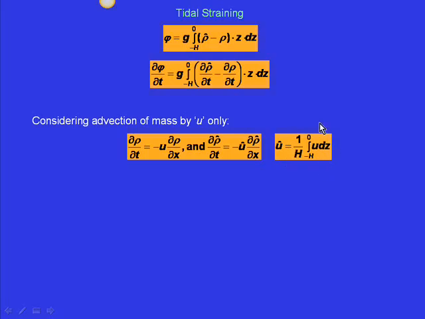So what do we do with these expressions? We seem to understand them now. What do we do with them? We put them right here, right? Instead of putting d rho dt here, we put minus u d rho dx here. And instead of writing d rho hat dt here, we write minus u hat d rho hat dx.